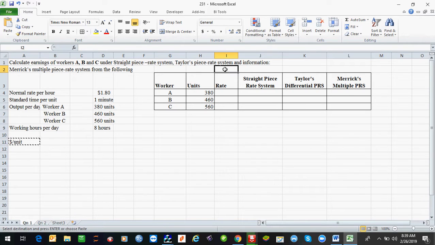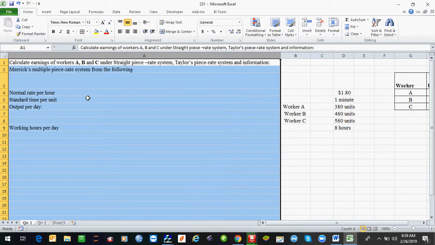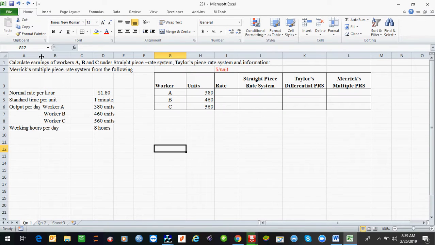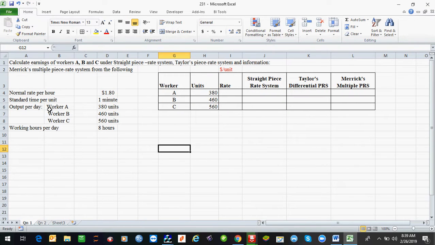Let me put it there so that we remember that our rate is supposed to be dollar per unit. Normal rate per hour we are given as $80. Standard time per unit is 1 minute. Output per day for worker A is 380 units, worker B 460 units, and worker C 560 units.